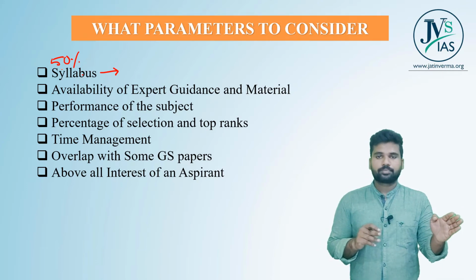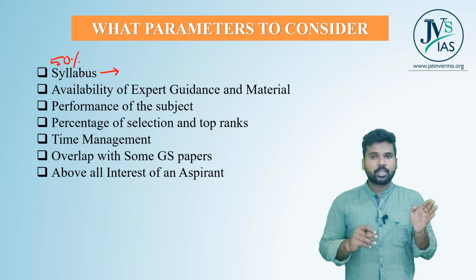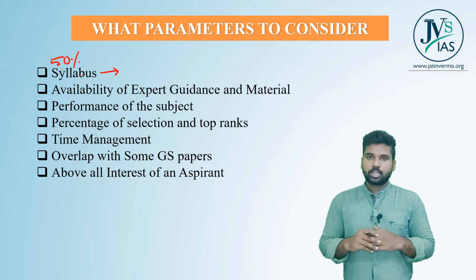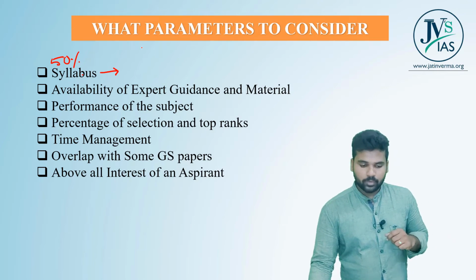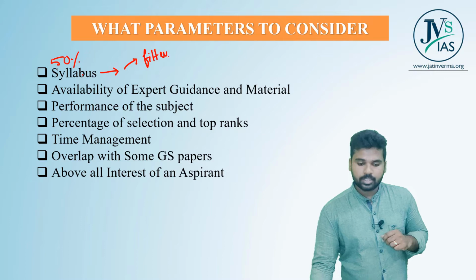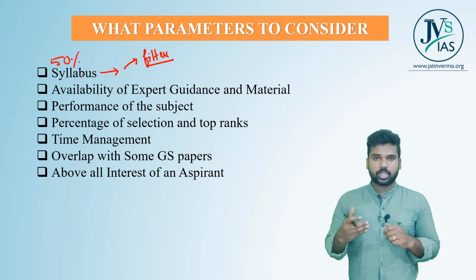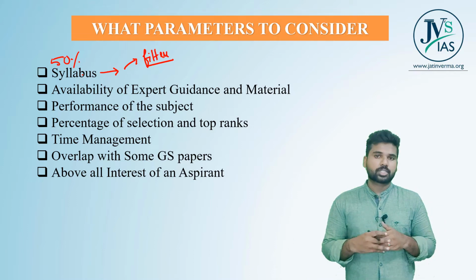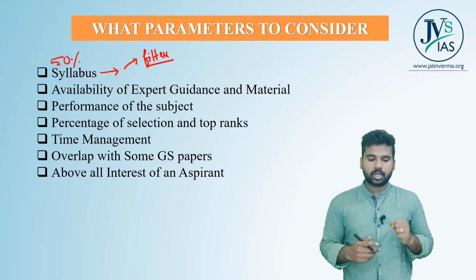Keep it aside. Whatever the final decision, we can take it after going through all these parameters. So in that manner, first we can do the filtering, and we can select all such subjects with which we are familiar, at least with the syllabus of that subject. Okay, that is the first parameter.